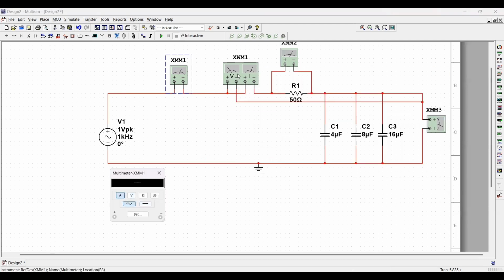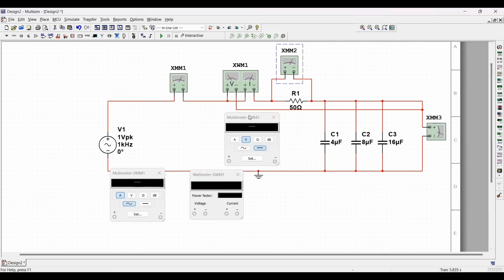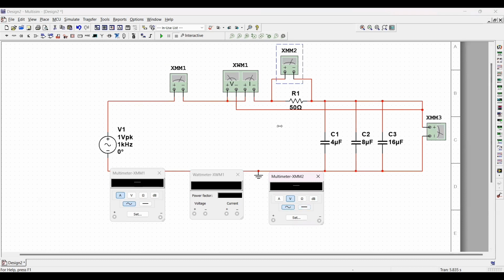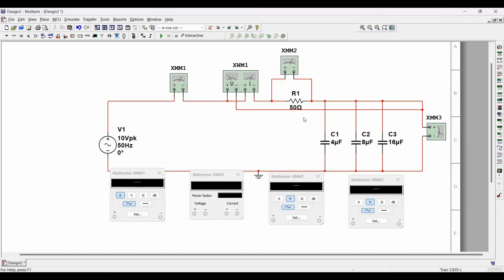And then for the first emitter, sinusoidal, and multimeter, first we choose voltmeter. For frequency 50, voltage 10.